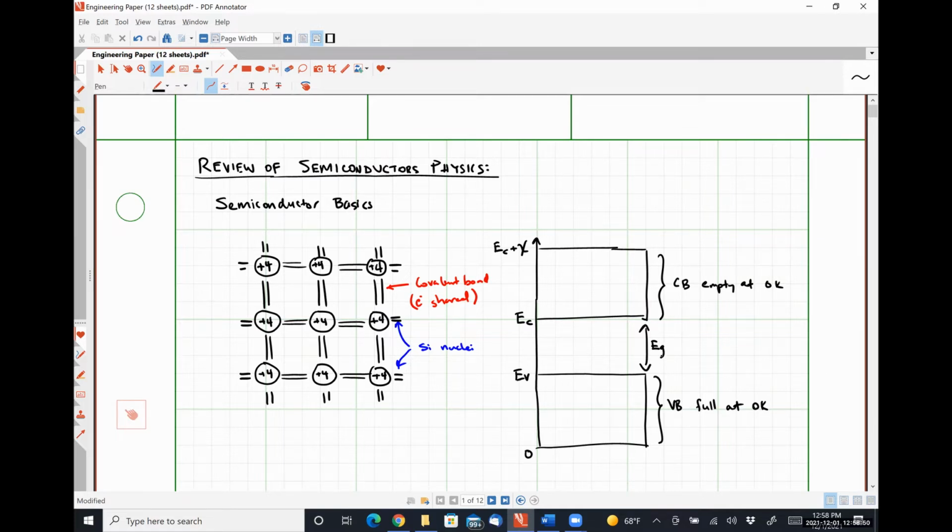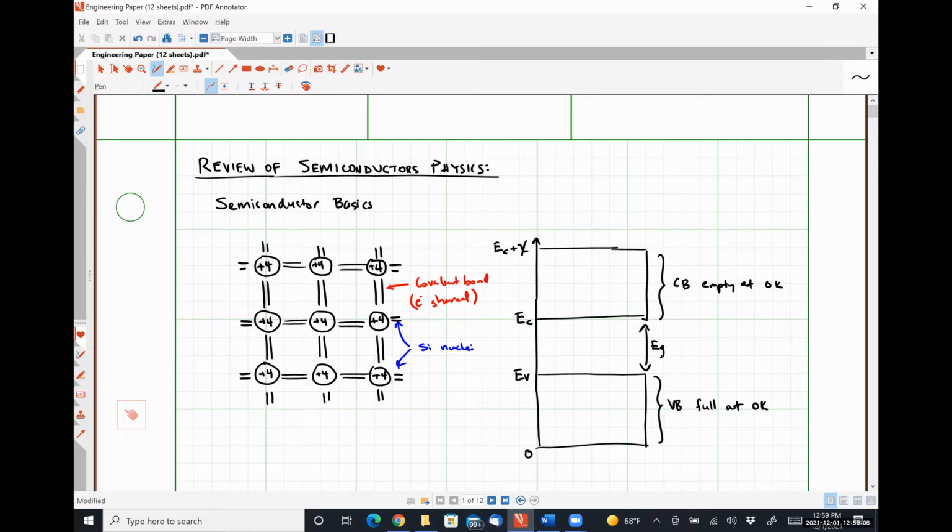So in a semiconductor material, we have a region of energy values between EV and EC that is completely devoid of energy states, right? So there's nowhere for electrons to go.